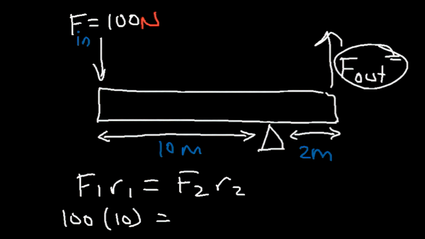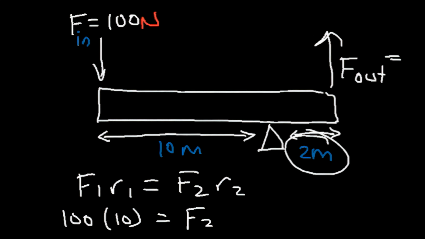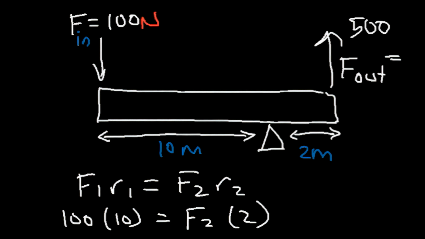So F2 is the output force that we're looking for, and R2, the distance that corresponds to F2, is 2. So it's going to be 100 times 10, which is 1,000, divided by 2. And so the output force is half of 1,000, or 500 newtons.